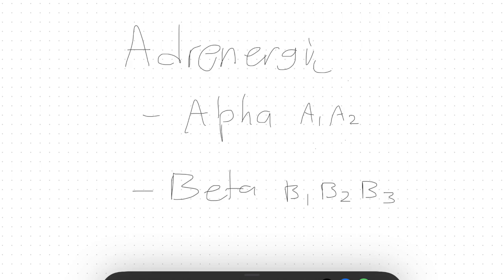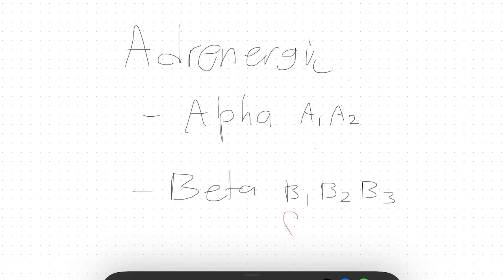And the alpha 2 receptors can inhibit neurotransmitter release. So you'll notice a kind of theme here: odds excite, and then evens inhibit.